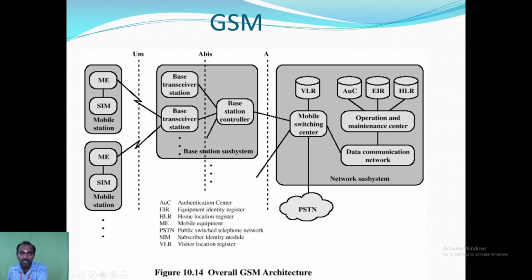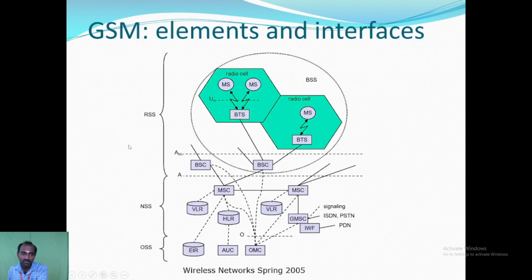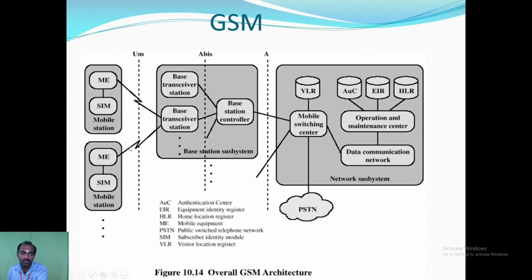Then another one, the base station subsystem. There are four components: mobile station, base station subsystem, network switching subsystem, and operation and control subsystem. What is the base station subsystem?